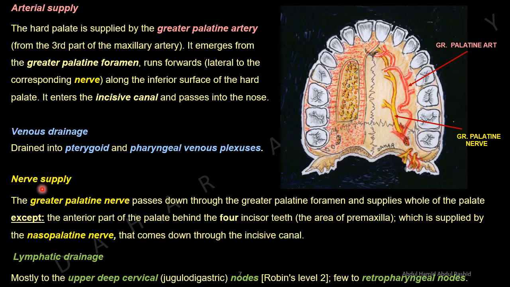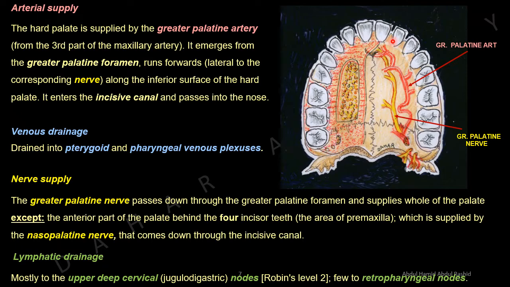Nerve supply. The greater palatine nerve passes down through the greater palatine foramen together with the artery and supplies the palate, except the anterior-most part of the palate, which is behind the four incisor teeth.